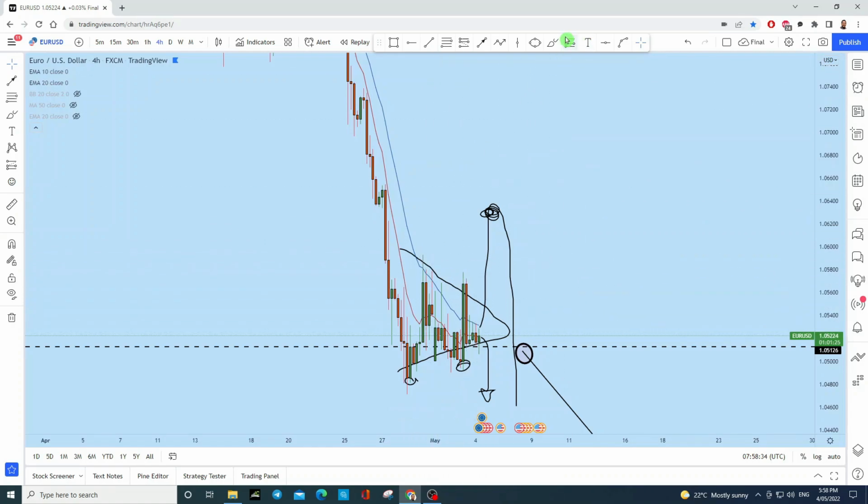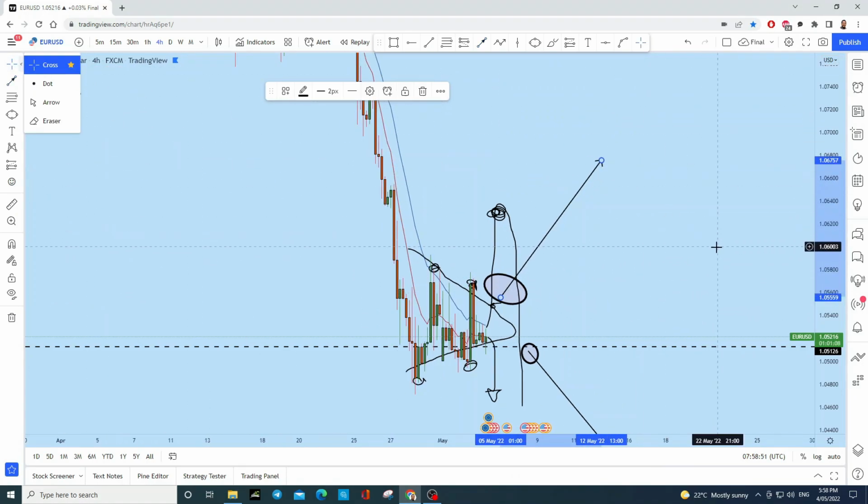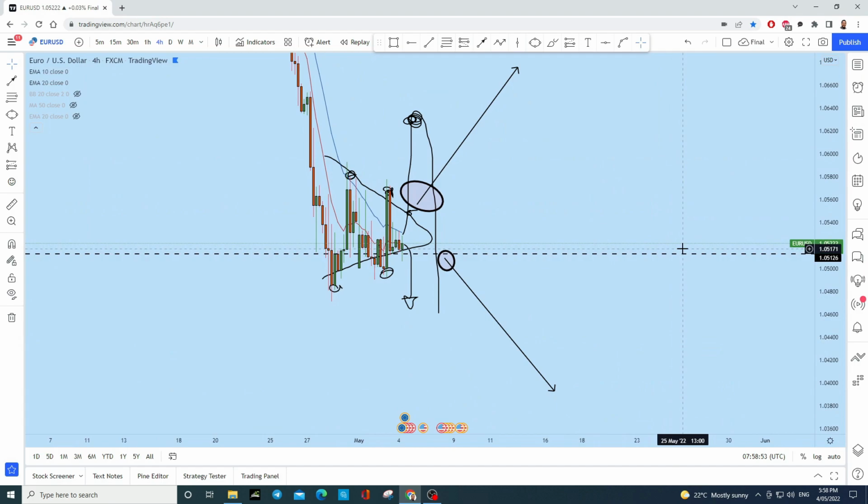If it is a valid breakout, then we might see a test of this previous resistance on the 4-hour as a support, and we might see a significant rejection. If we see this kind of rejection, in that case only we can consider going long with EURUSD. So it fully depends on how the price action forms after the news release. I'll definitely update you wherever you are following me. So this is the situation with EURUSD.